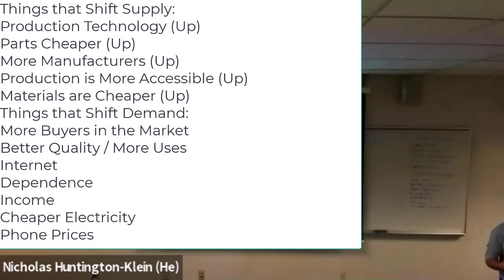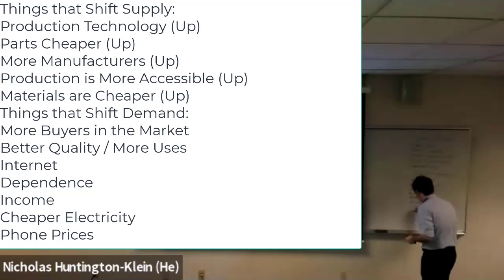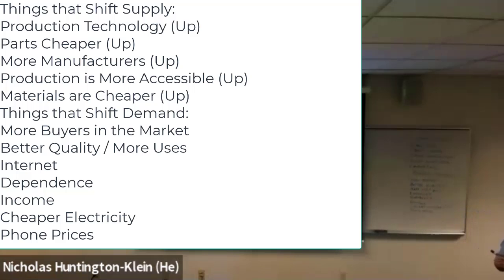How about substitutes? What's happened to the price of things that you would use instead of a computer? Phone. Phone, yeah. So the phone price, which you can think about in two ways, right? If you're using a computer instead of calling somebody on the phone, I'm actually not sure how much that used to cost.